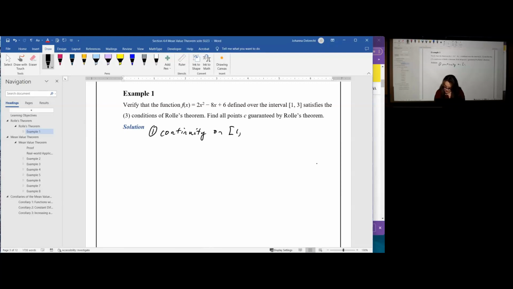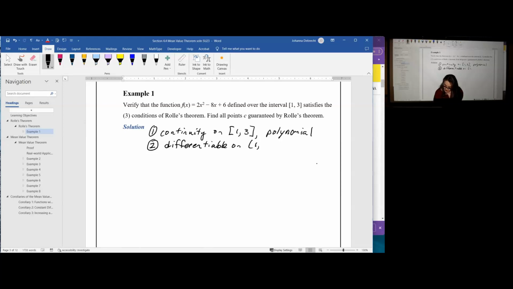In fact, it must be continuous because it's a polynomial. Make sure that you mention the reason that it meets this condition. Polynomials are continuous everywhere. Condition 2, it must be differentiable on the open interval from 1 to 3.